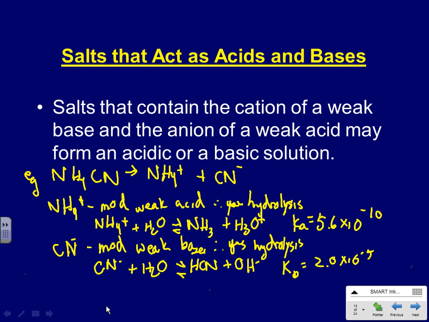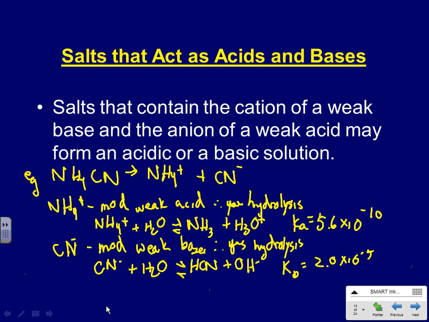All right. What do we have here? Is it going to present itself as being acidic, or is it going to present itself as being basic? What do you think? It's obvious. Just look at the numbers. Yeah, basic. Why? Because the Kb is bigger than the Ka, which means cyanide is better at being a base than NH4 is at being an acid, so it dominates.